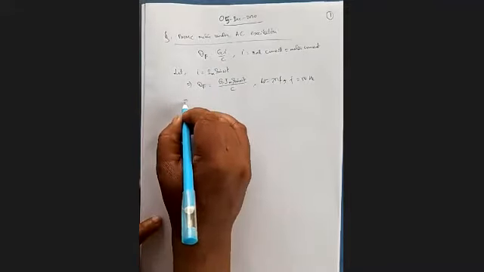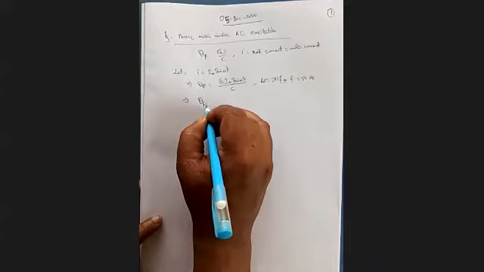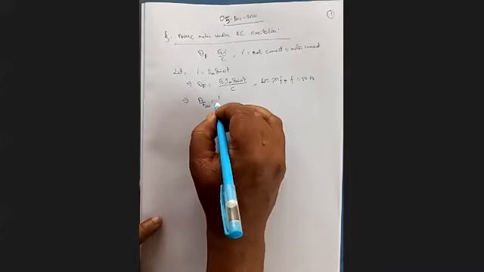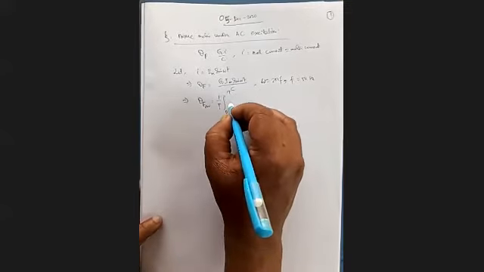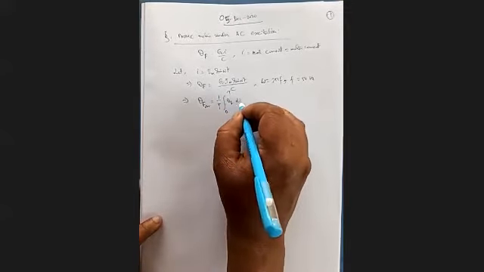So what it will do, due to its inertia property, it will stick to the average value of oscillation. So theta f average equal to, what is the average value? It is 1 by T, integration from 0 to T of theta f dt.